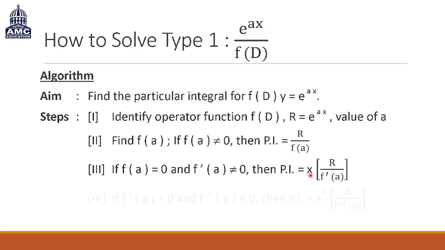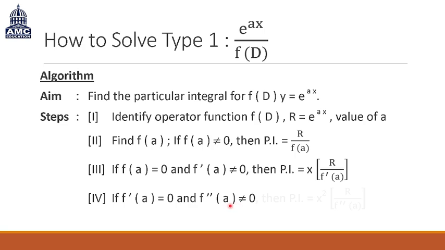Okay. Now, in the case where f'(a) is also equal to 0, right? So we are calculating f'(a) because f(a) is equal to 0. So f(a) is equal to 0, f'(a) is equal to 0, and f''(a) is not equal to 0, right? So how to find out f''(a)? We have already found out f'(D). So we differentiate f'(D) with respect to D and substitute D as equal to a.